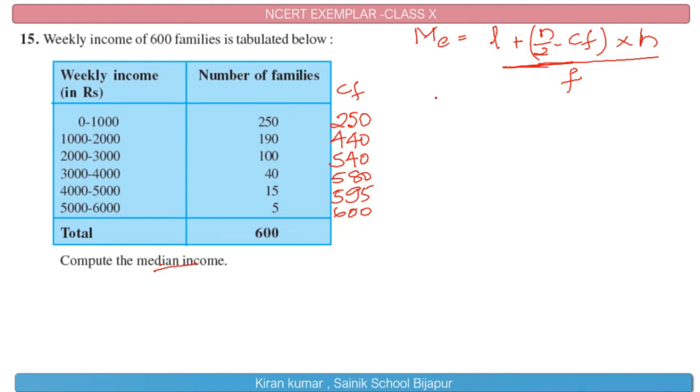Lower limit is separate. Here the lower limit of the median class is 1000.